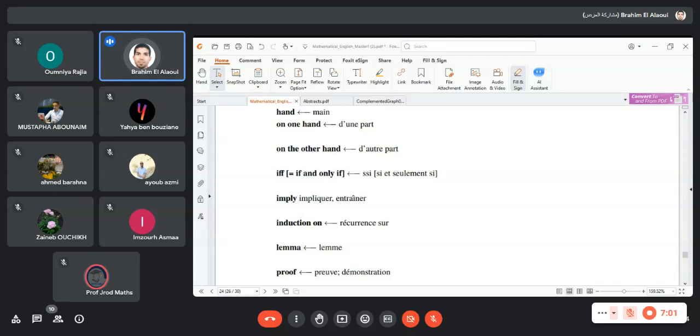Yeah, as Mustafa said, sometimes in the introduction you have to specify, when you put the set of natural numbers, that this set does not contain zero or contains zero. You have to specify that.